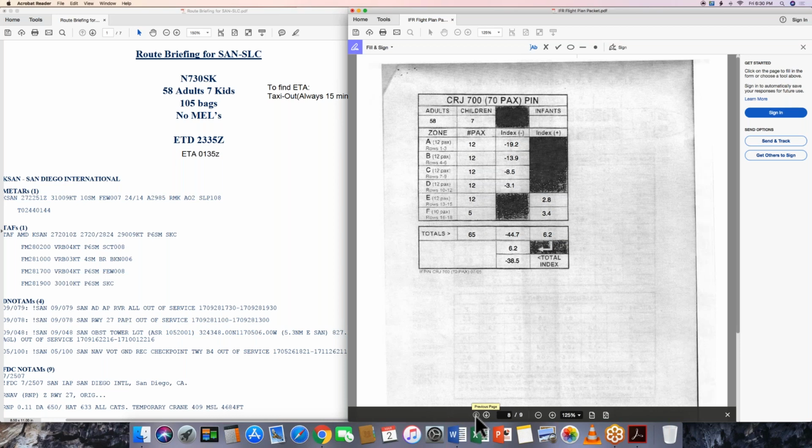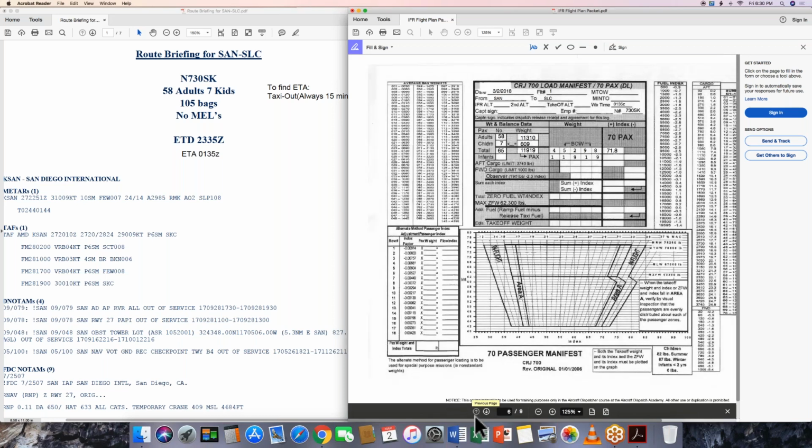Anybody have any questions on this card? Negative 38.5. I'm surprised you didn't say anything, Greg.